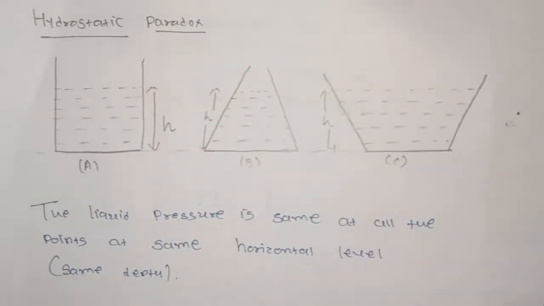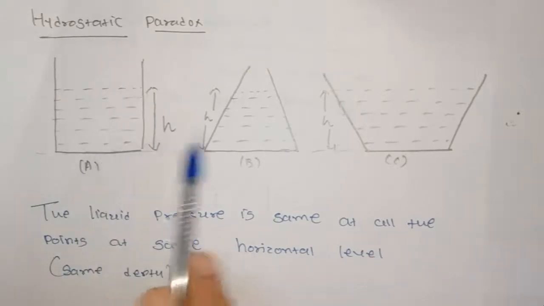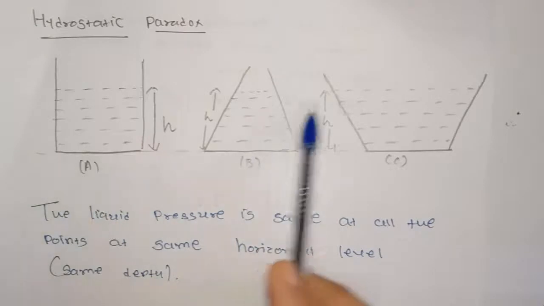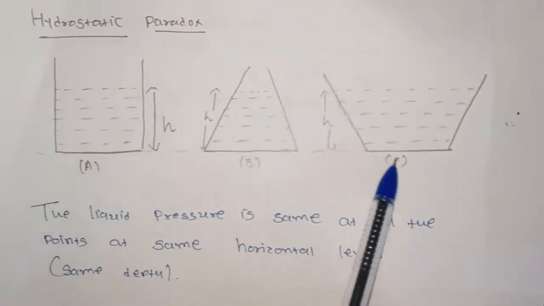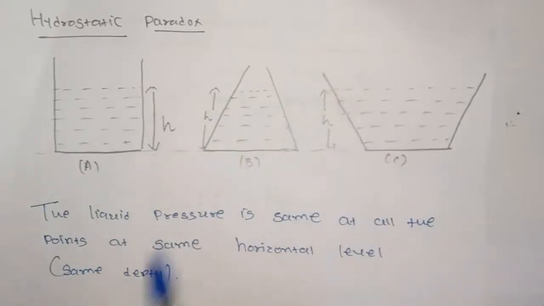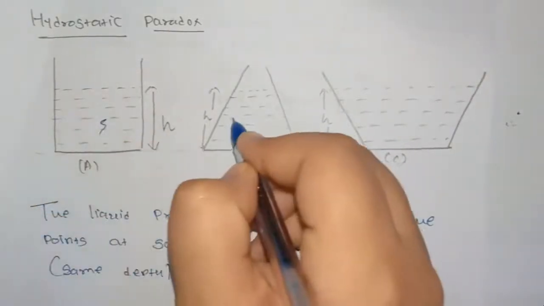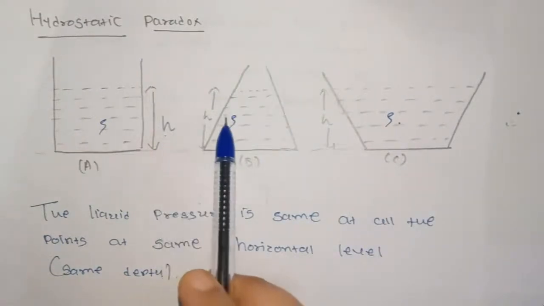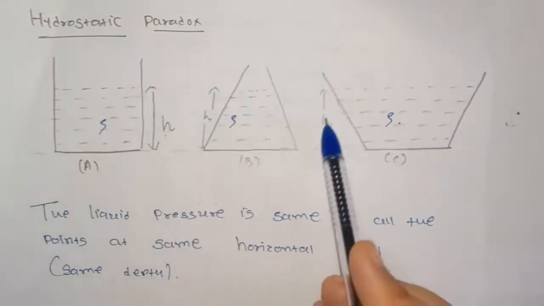Now, let us see the hydrostatic paradox. Consider 3 vessels of different shapes but having the same base area. They are filled with the same liquid, that is, the density of the liquid is the same, and the liquid is filled up to the same height h.